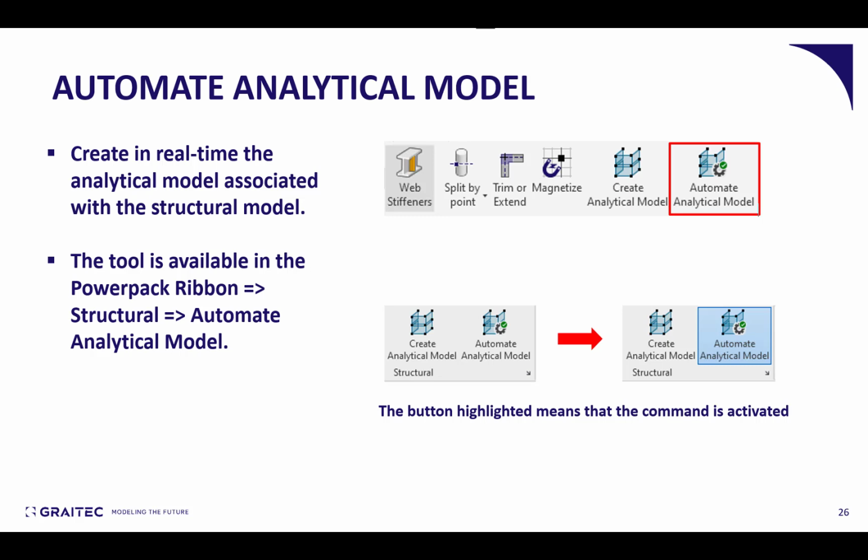These tools work in a start-on and off mode, which means as soon as you activate this command, automatically, each time you create a structural physical object in the Revit model, the analytical model will be created in real time in the Revit files.